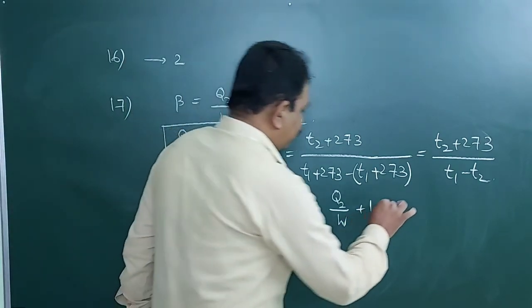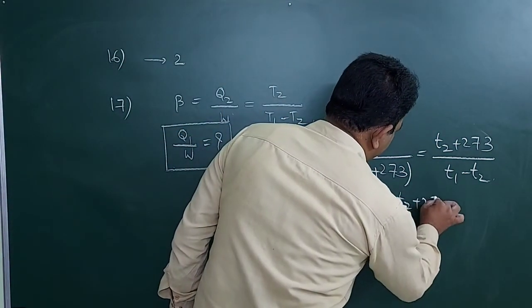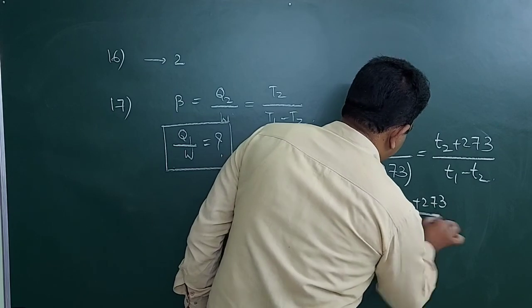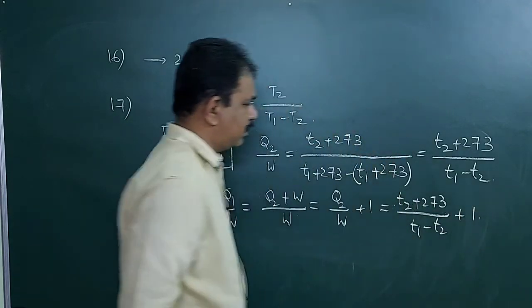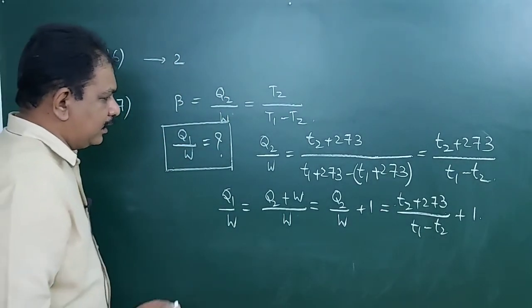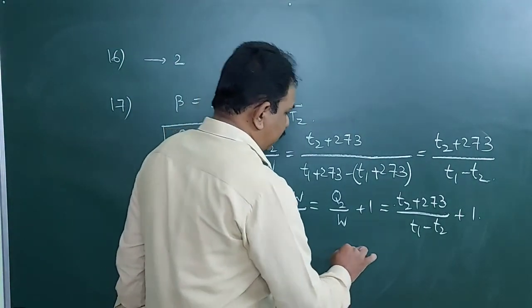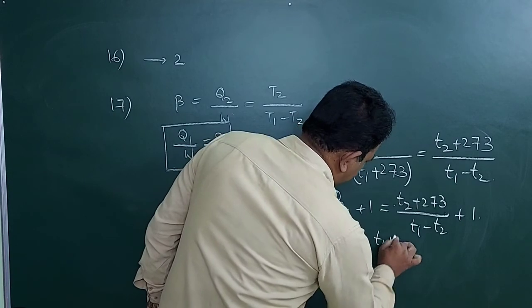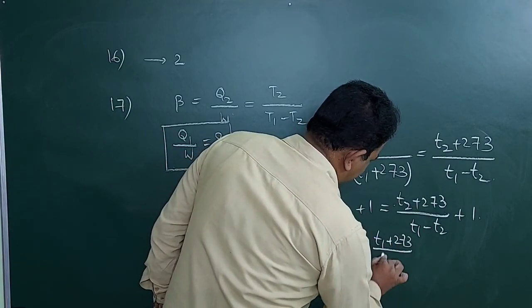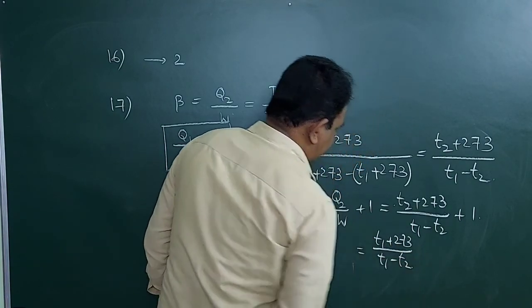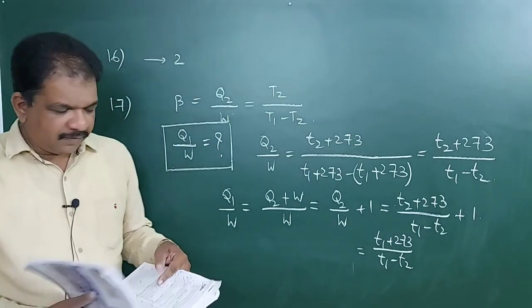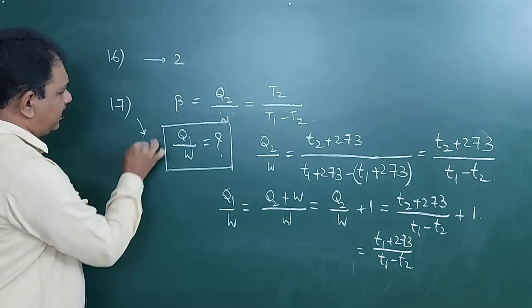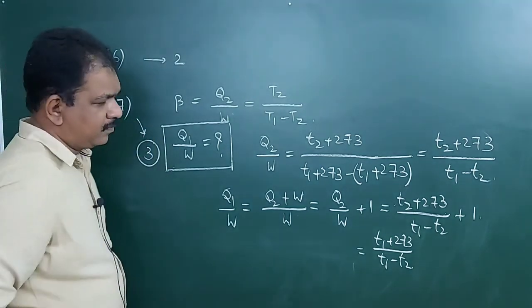Q2 by W is T2 plus 273 by T1 minus T2, plus 1. Take LCM. Finally, we'll get this as T1 plus 273 by T1 minus T2. Okay, so 17 will be the third option.